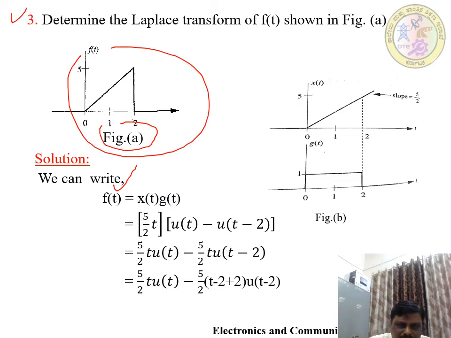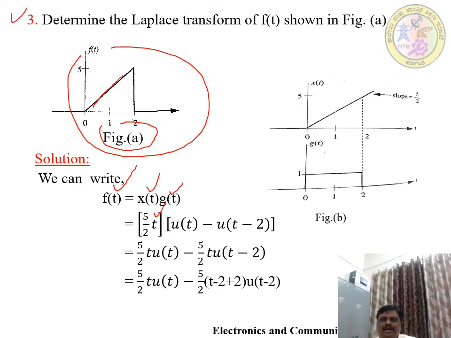Therefore, this function f of t can be written as x of t into g of t, where x of t is 5 by 2 into t, that is a ramp function, multiplied by u of t minus u of t minus 2.